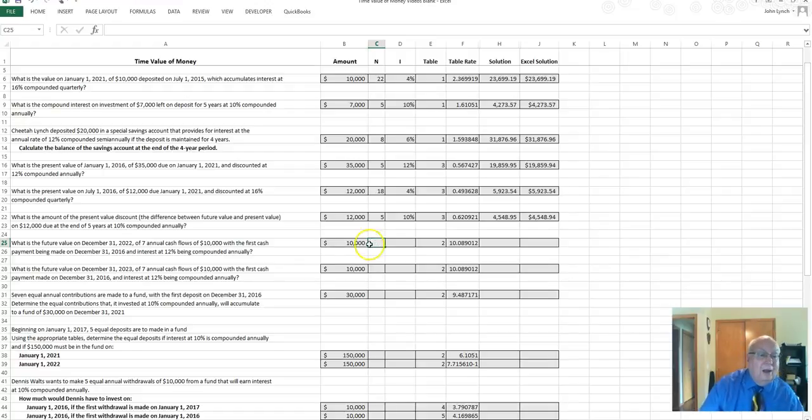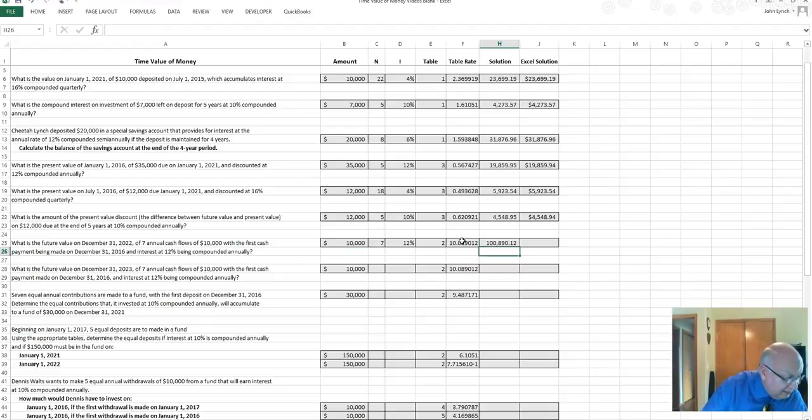Okay. What's the future value on December 31st, 2022 of 7 annual cash flow payments? So we know this is 7, and the interest rate again is 12%. This time is table 2. And we come up with 10.0. Okay, so it's equal to the 10,000 times this one.